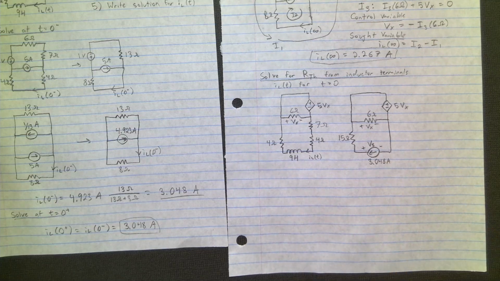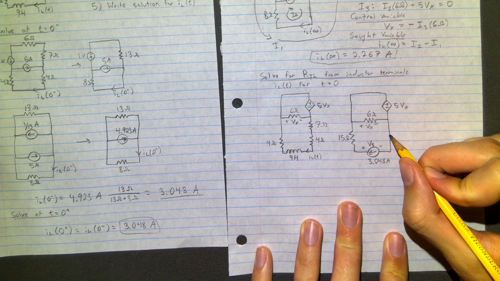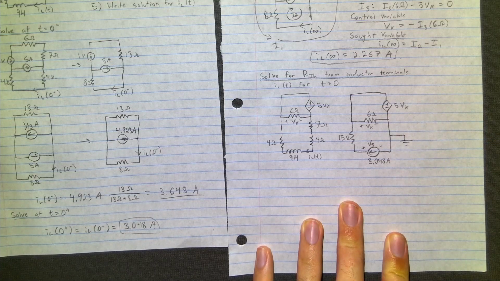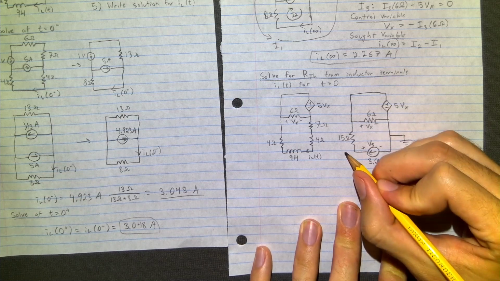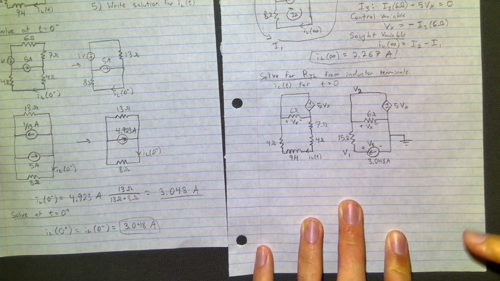So now for this, in order to find our sought variable Vs, we're going to use nodal analysis. Again, you could use mesh or nodal analysis, but I've chosen to use nodal analysis. And this will be the ground, the reference node. And then this can be V1, and this node V2.